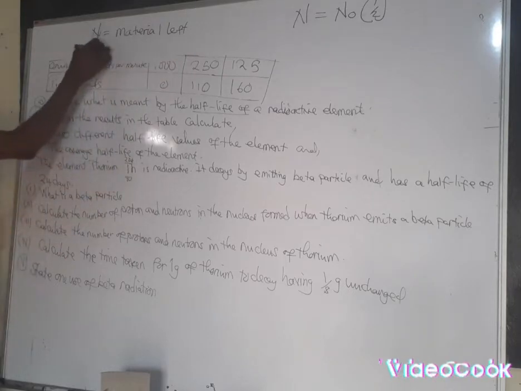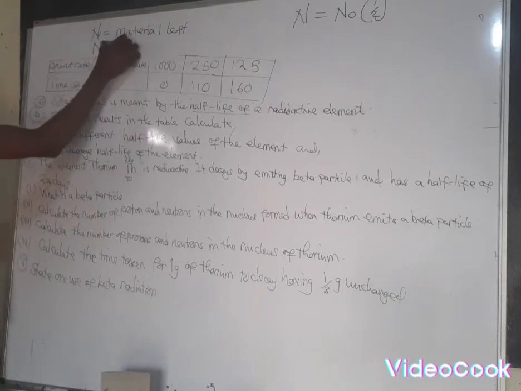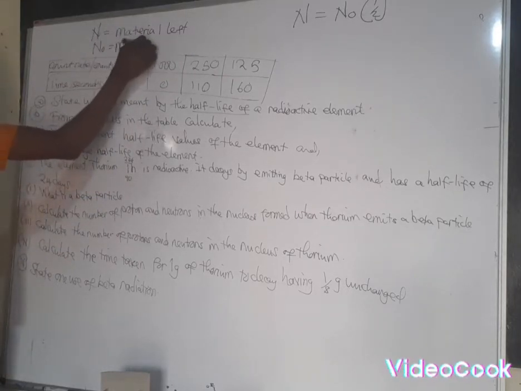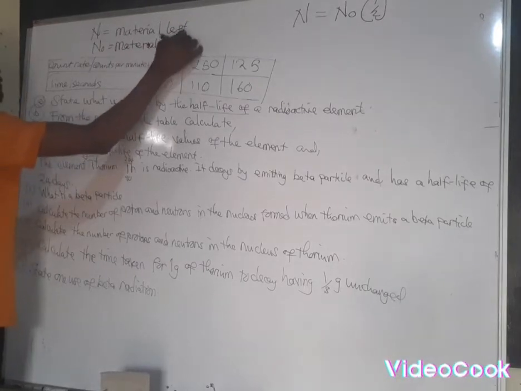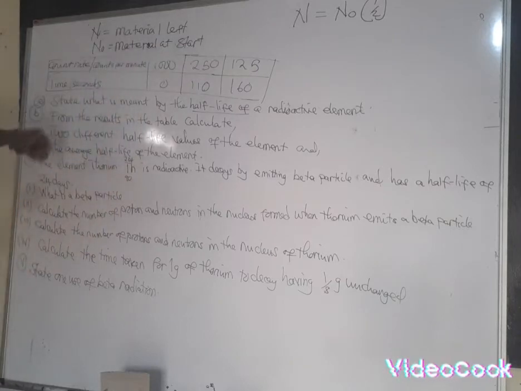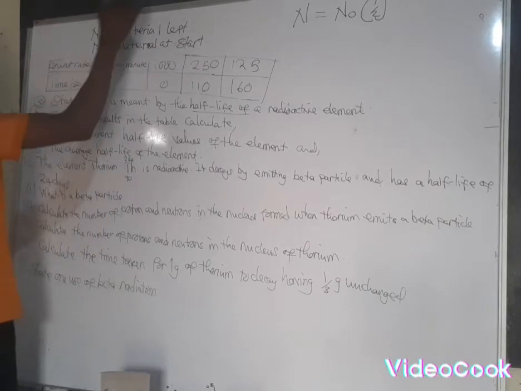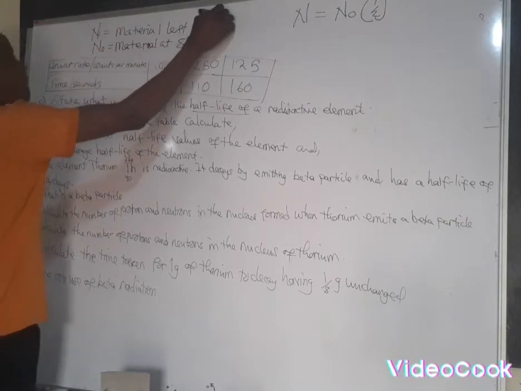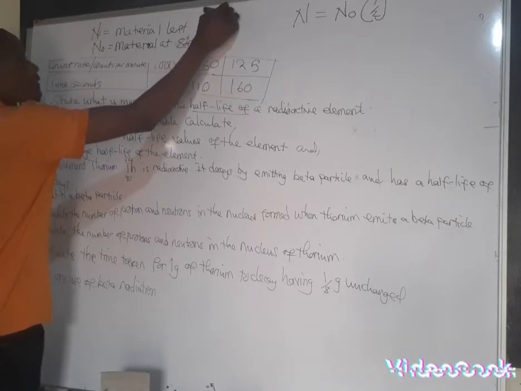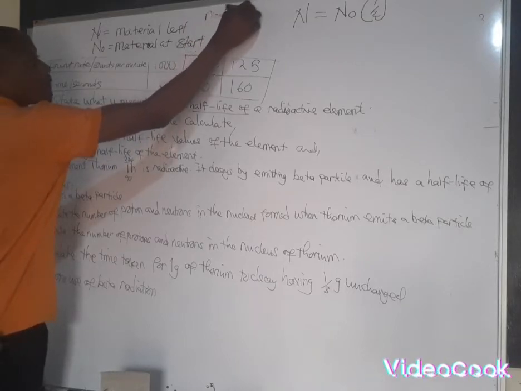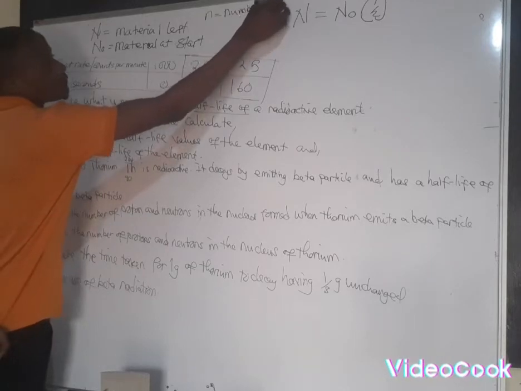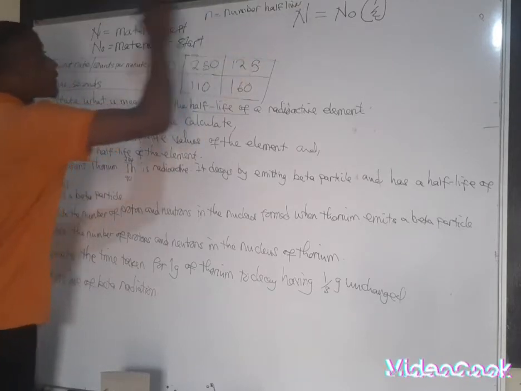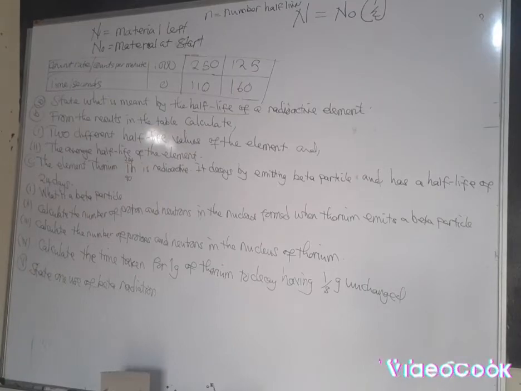And N0 is representing the material at start, where the small letter n is the number of half-lives.